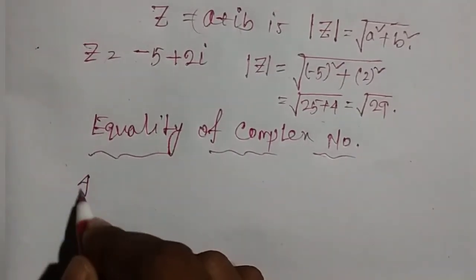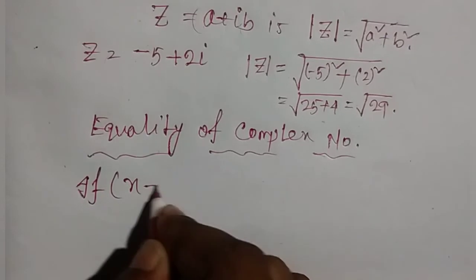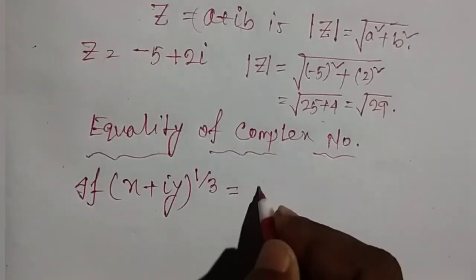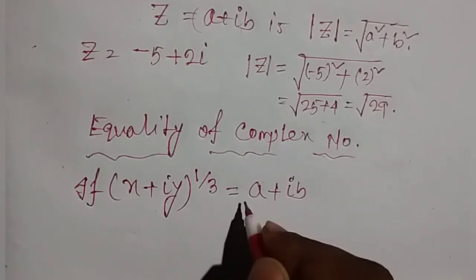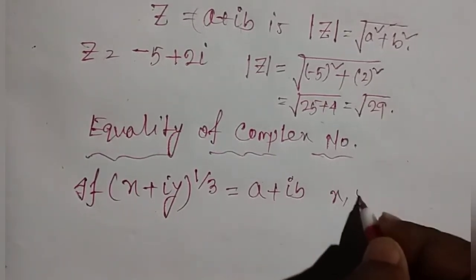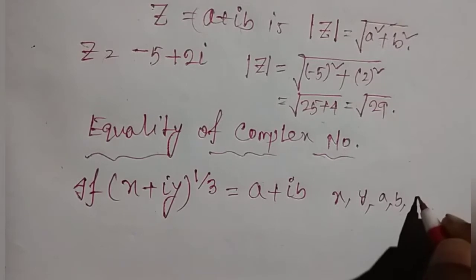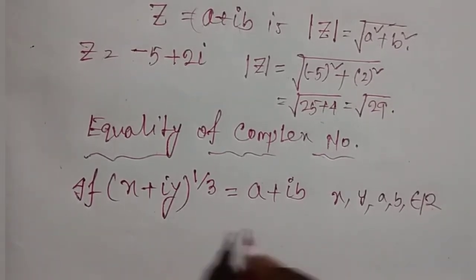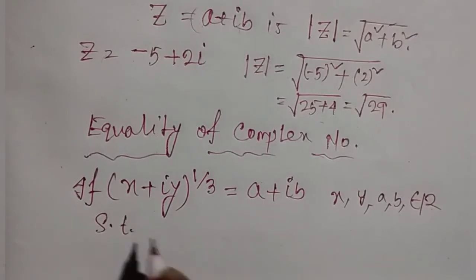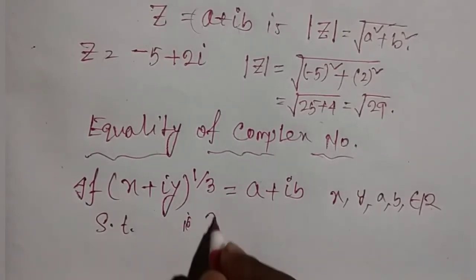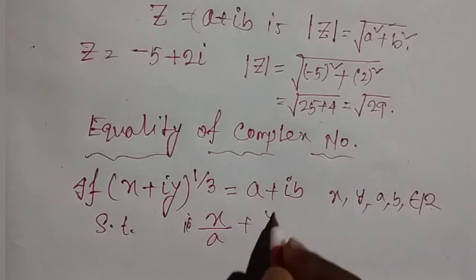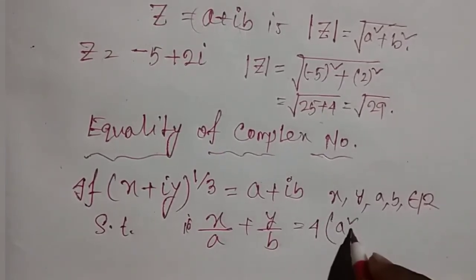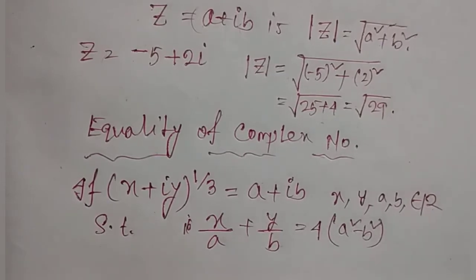The problem is, if x plus iy whole to the power 1 by 3 equals a plus ib, where x, y, a, b are all real numbers, then show that, question number 1, x by a plus y by b is equal to 4 into a square minus b square.